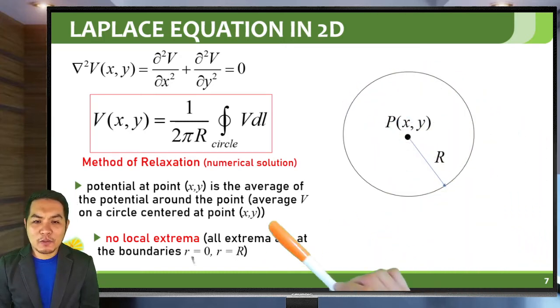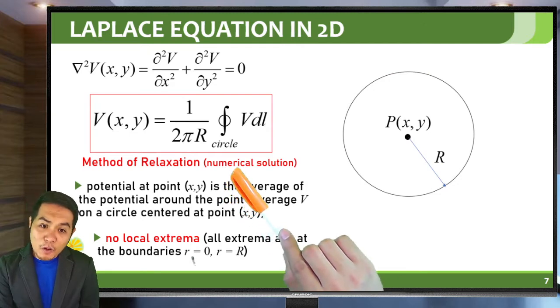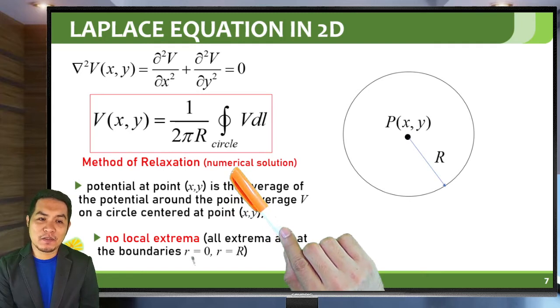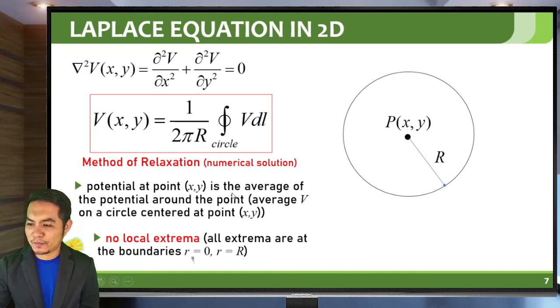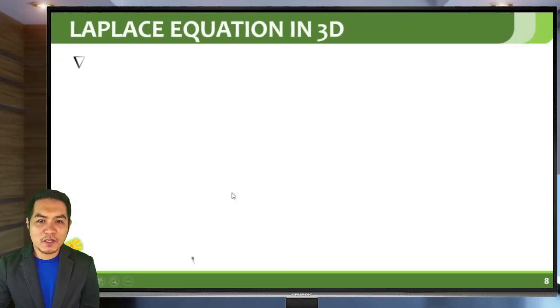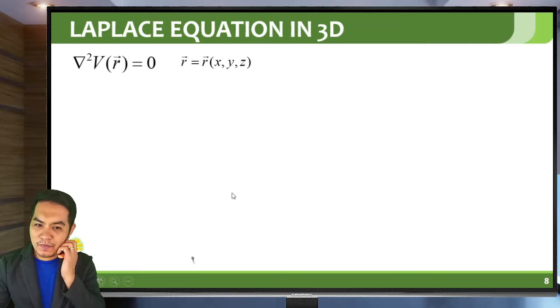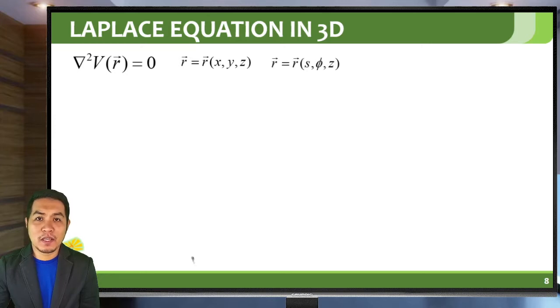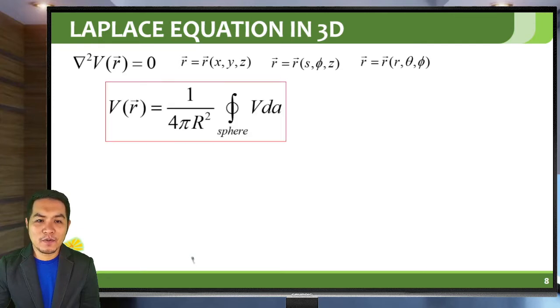So I'd like to emphasize again that this is how a computer solves the Laplace equation, by the method of relaxation. So it's actually a numerical solution. So in 3 dimensions, we just extend that idea of averaging, the method of relaxation. So take note that your r, your position vector in 3 dimensions, can be in Cartesian xyz, or in cylindrical s phi z, or in spherical r theta phi.